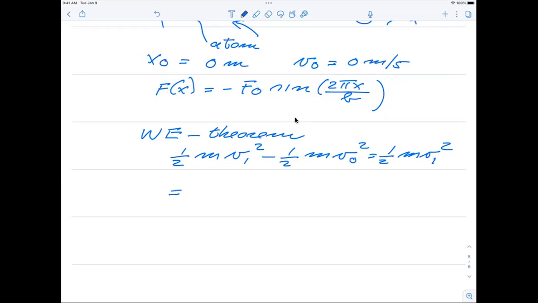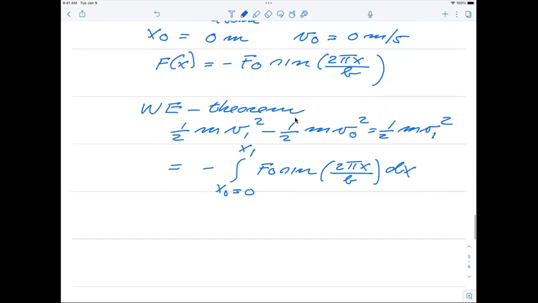And this is now given by this integral, where we also chose x0 to be equal to 0, and then we integrate up to the point x1. Then we have an f0 times a sine of 2 pi x divided by b, dx. So this is our force times dx.